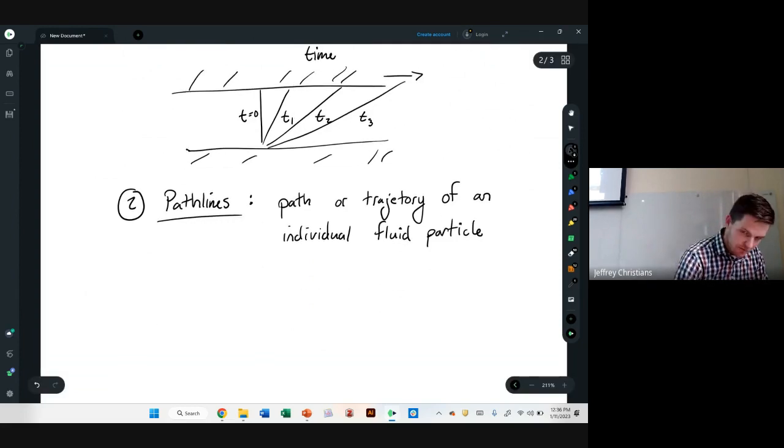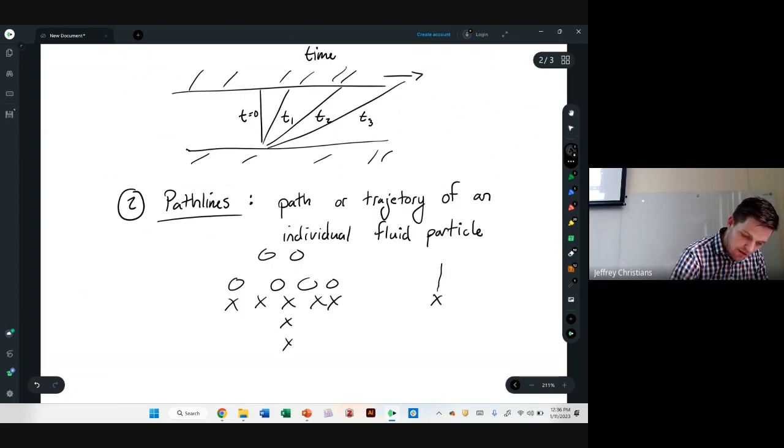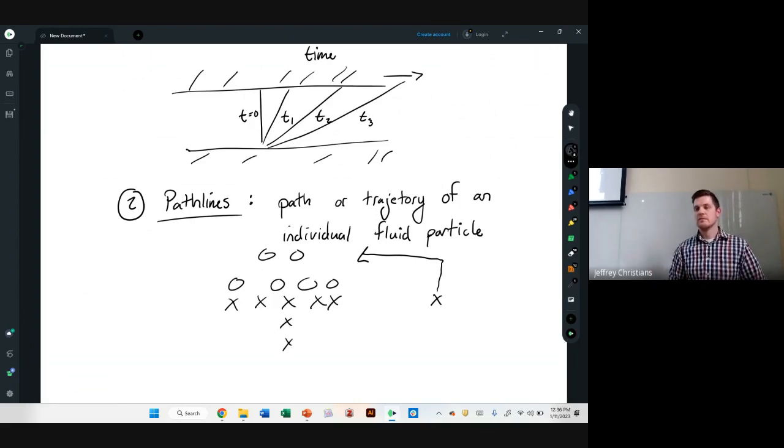Another, right, let's draw a football team. If we want to look at the route that an individual receiver runs, it's not really telling you about the velocity of that receiver or that individual fluid particle, but it is telling you the path line, the path that they're traveling.